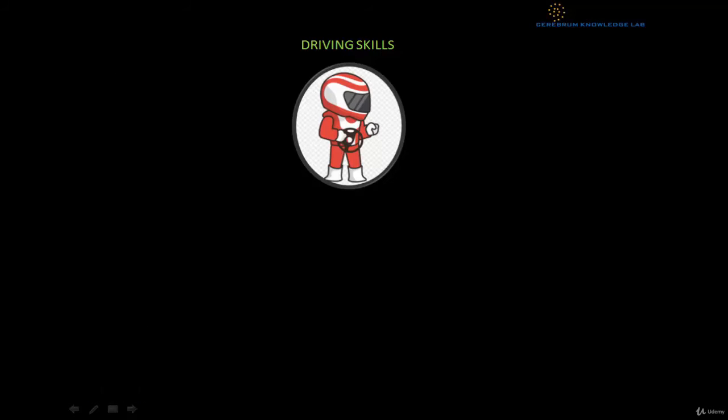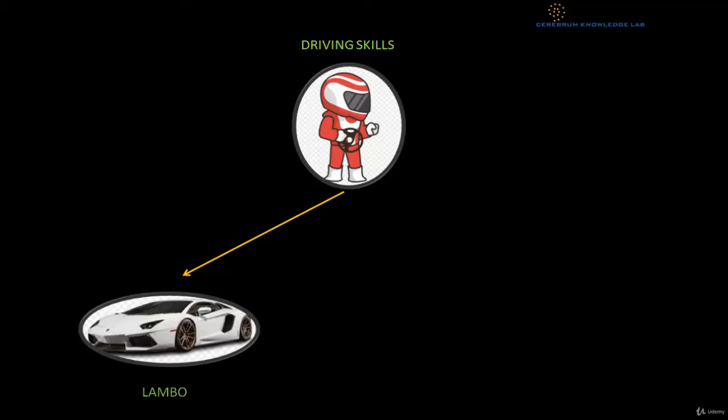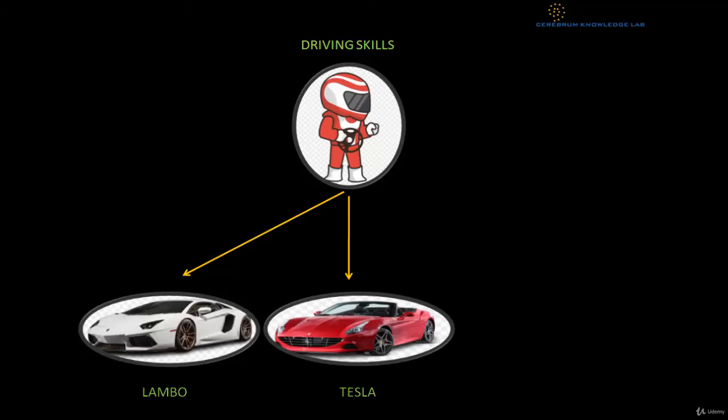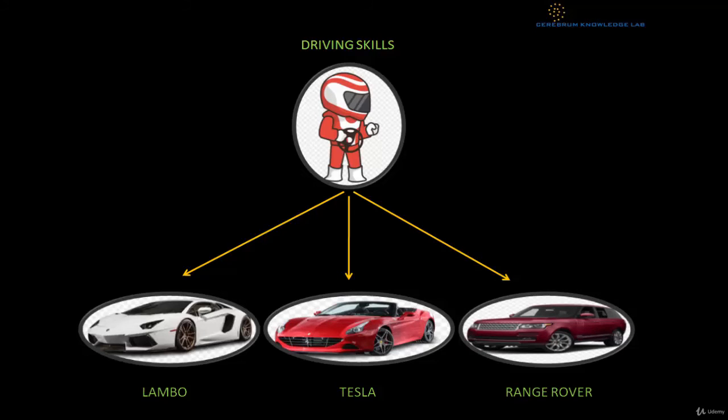The reason we have an international driver's license. Once you have the driving skill set, driving a Lamborghini is just a matter of finding the specifics like the paddle, steering wheel, door, and others. The same if you drive a Tesla or you drive a Range Rover.